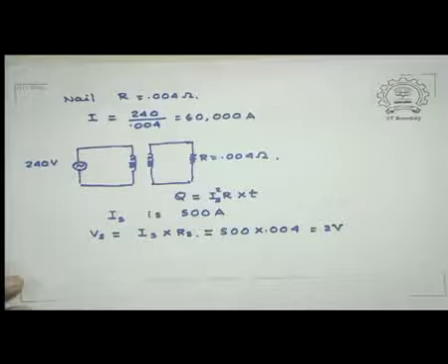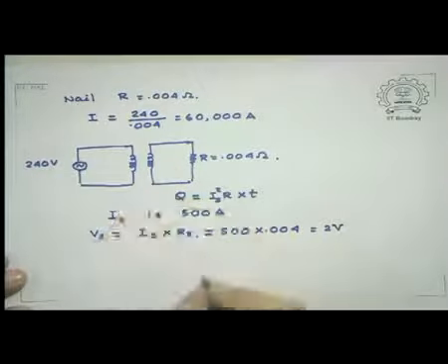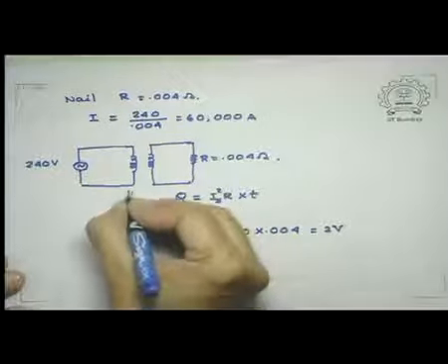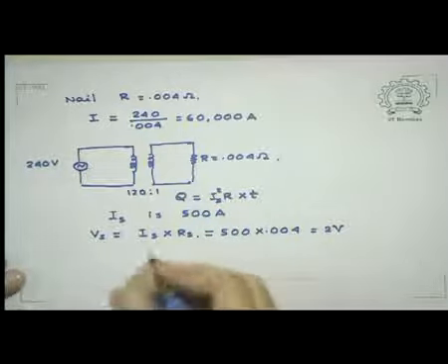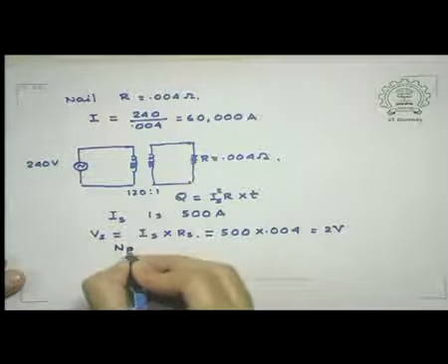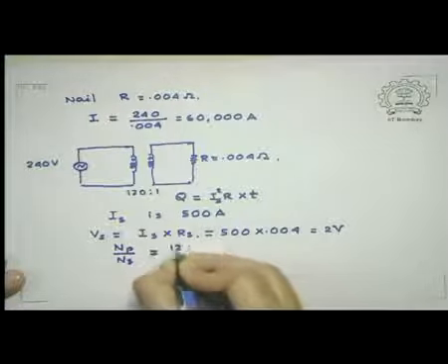So I need a huge step down, and in fact you can see it, since this is 240, you want this circuit to provide you 2 volts. So therefore this is a step down with a ratio of 120:1. So that 240 is reduced to that. Now, Np by Ns, which is Vp by Vs, is 120:1.